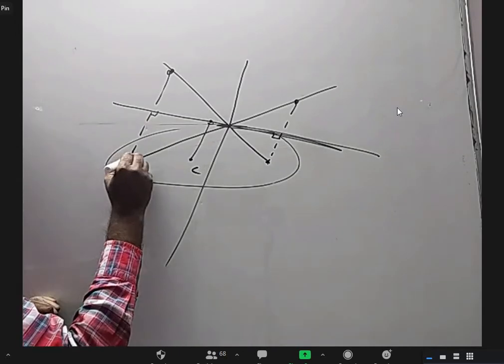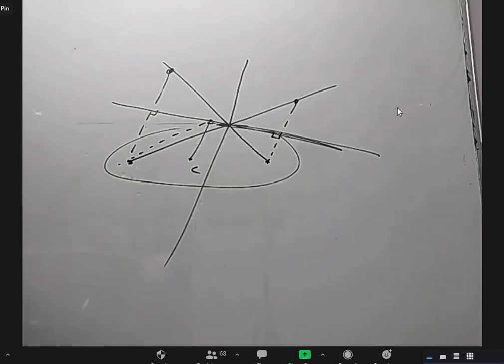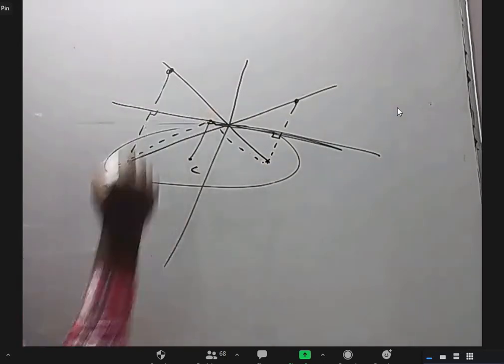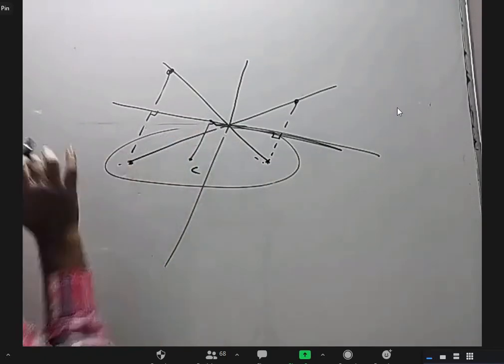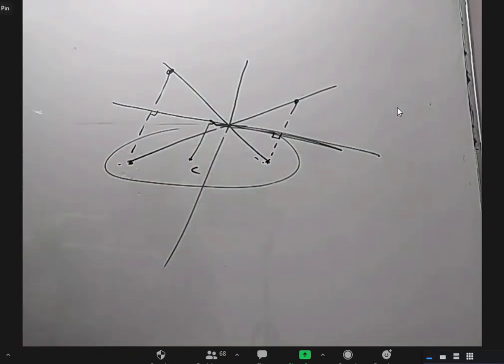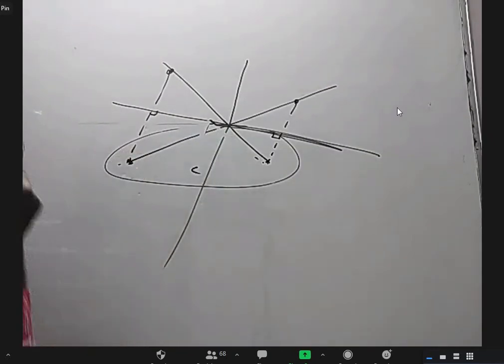And now I have to prove this length is a, and even this length is a. Anyway, this is 90. This is nice, no problem.